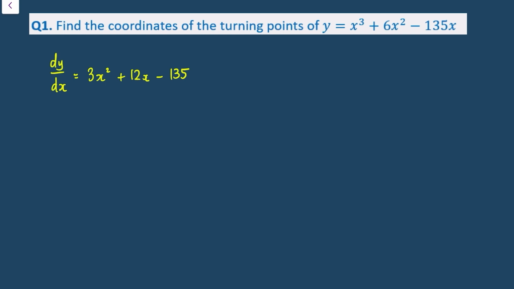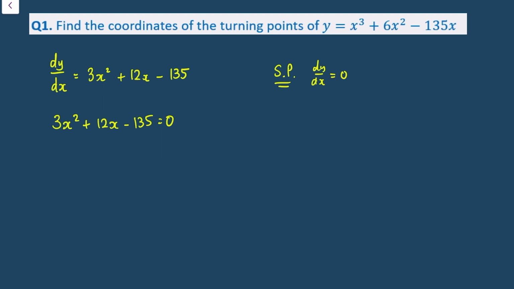Okay, so let's continue. We know that the stationary point, which I'm just going to label as SP, is when dy by dx is equal to 0, which means we are going to set this gradient function equal to 0. I'm going to simplify this before I solve it.